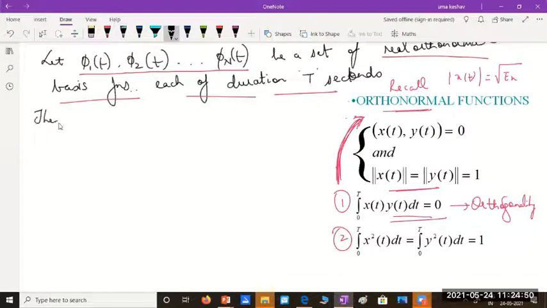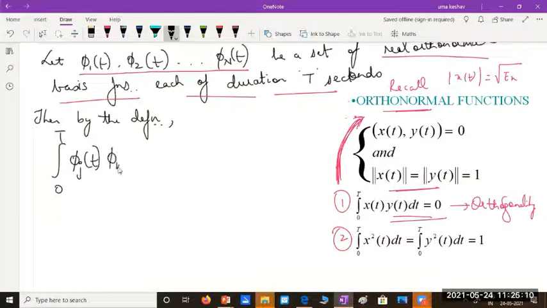Then by the definition, how do I define this orthonormality? I can write it in this form. Combining both the equations into one equation, I can directly say the integral from 0 to T of phi j of t into phi k of t dt can have two values. It can have the value 1 if j is equal to k. So if both the functions are similar, see, instead of x and y, if both were x, that means j is equal to k here.